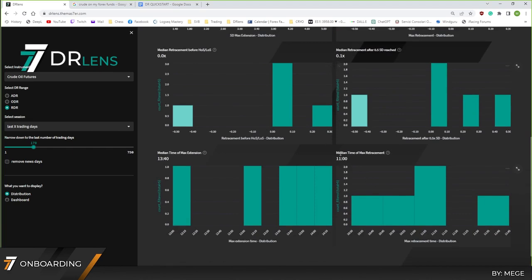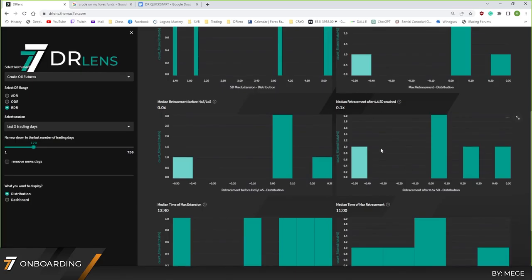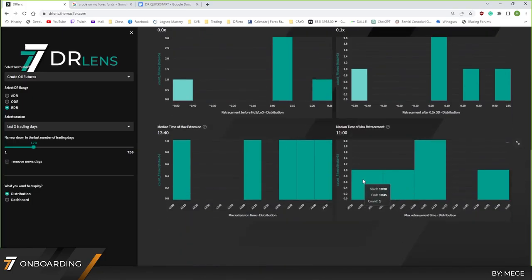Obviously, 30 could be nice, or 30 could be awful because it's equally distributed. But even if you have like 20 and 15 out of 20 are in the first two buckets or in the first 30 minutes, I would call it still relevant, right?